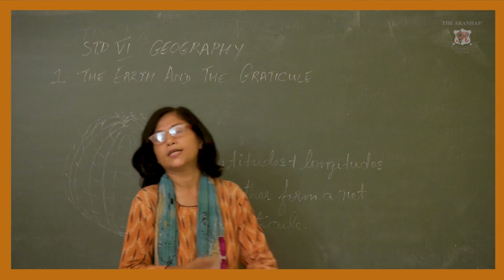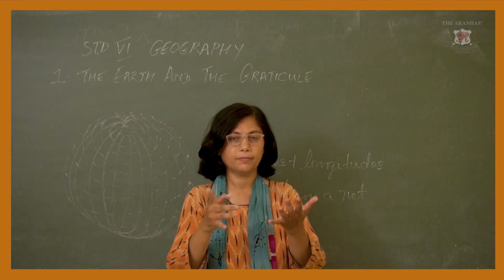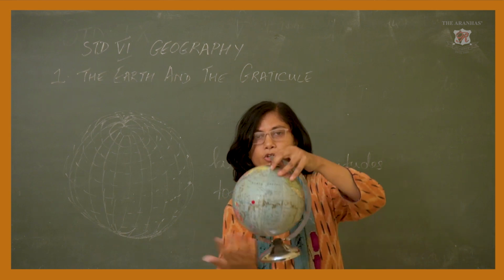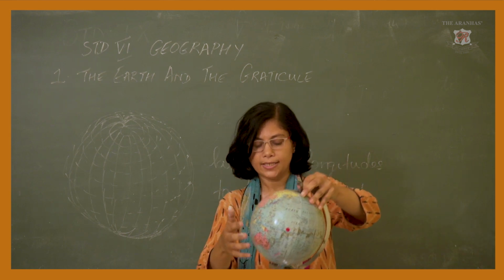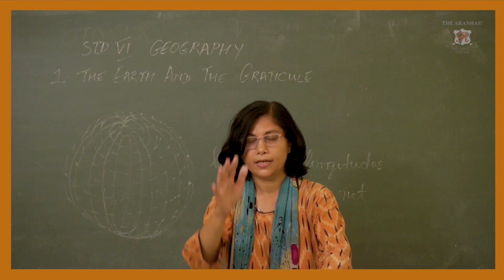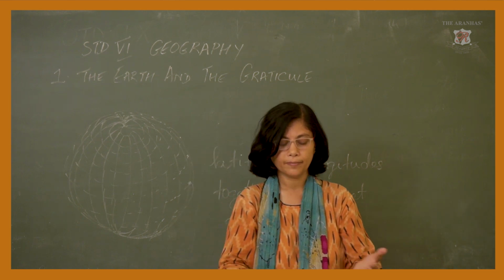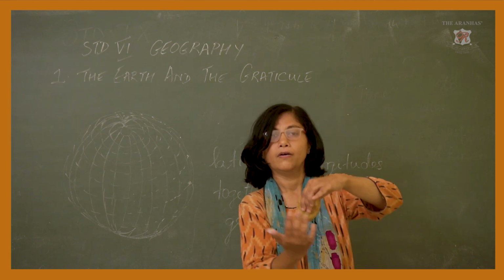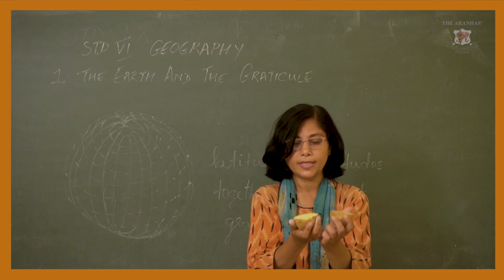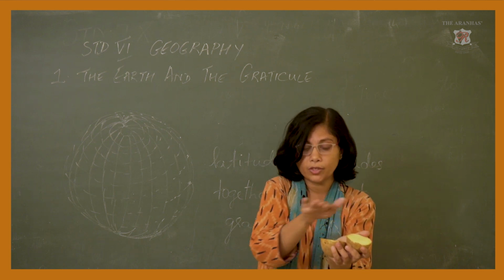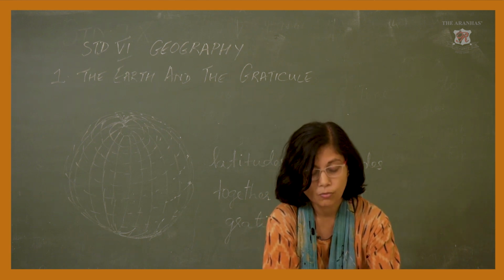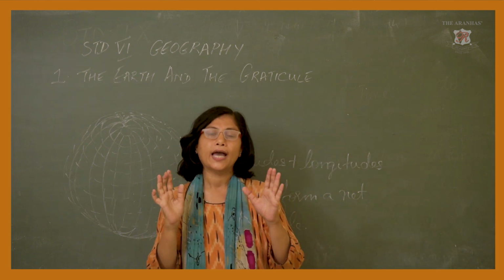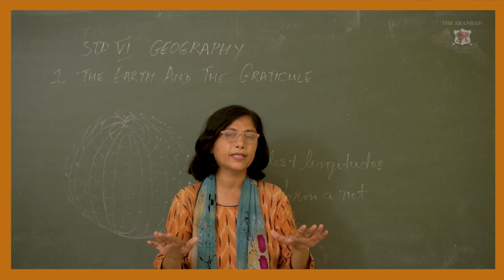So, what did we learn? Very quickly, we learned about the equator. It is the line passing through the center of the earth. It divides the earth between the northern and southern hemisphere, and we saw this equator, when we look at it this way, as the equatorial plane. Then we saw the latitude, which is the angular distance from the equator.